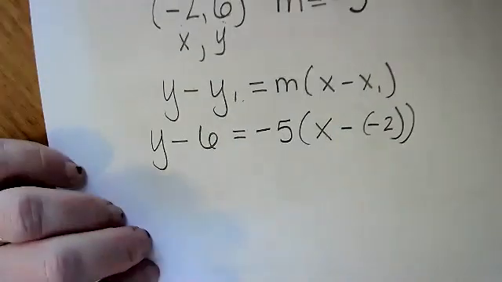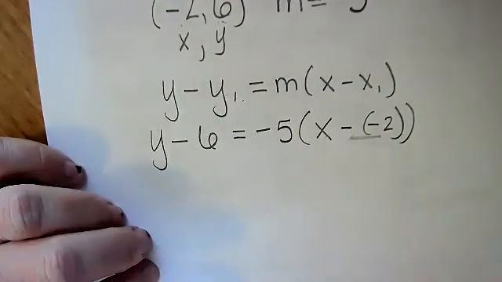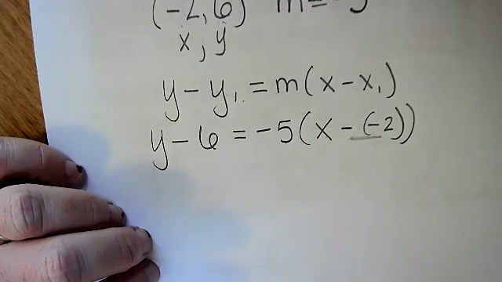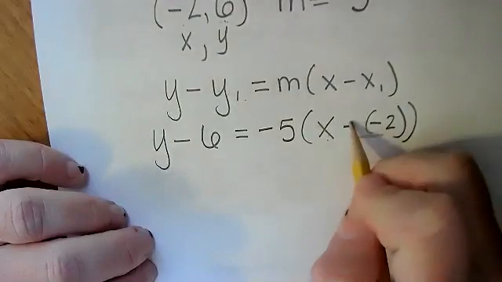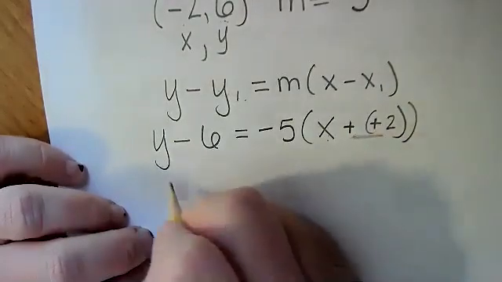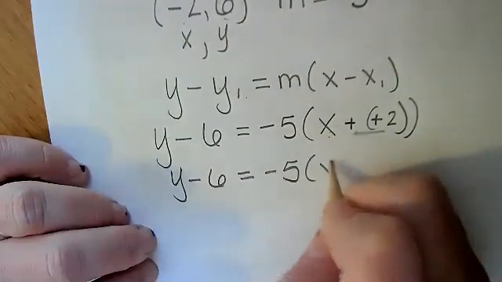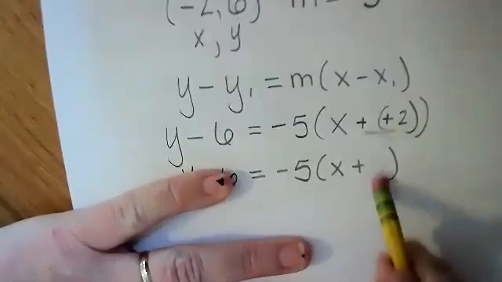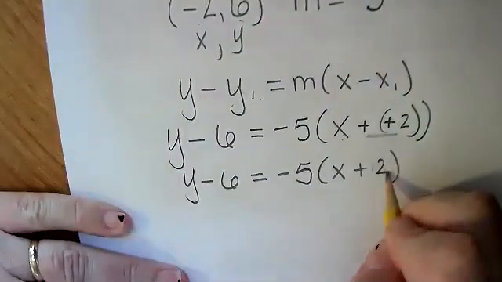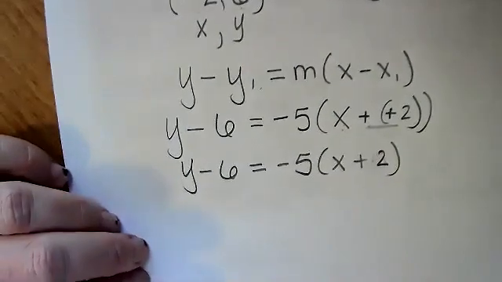Okay. Here's where the twist happens. Keep, change. So this is actually what your point slope form equation will be.